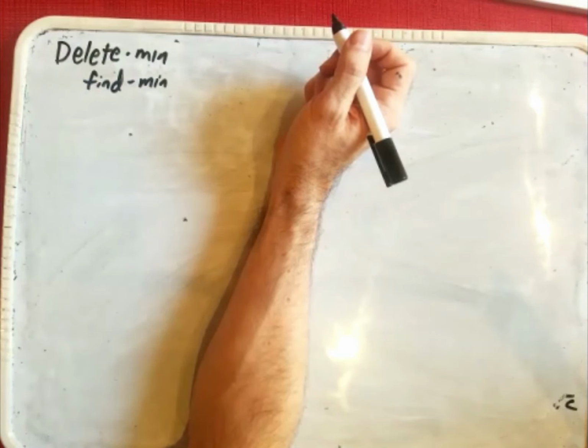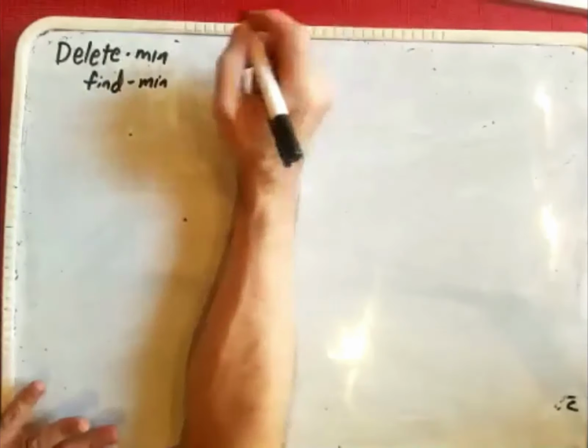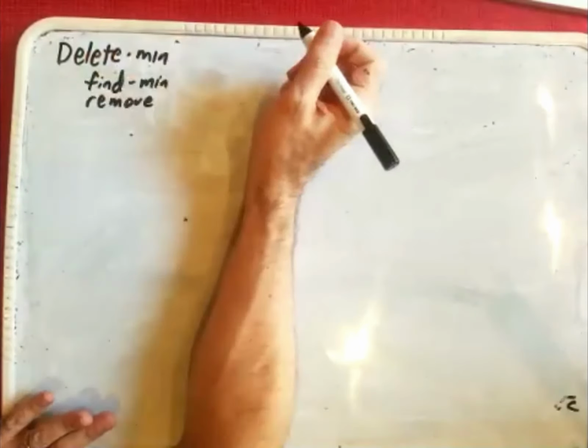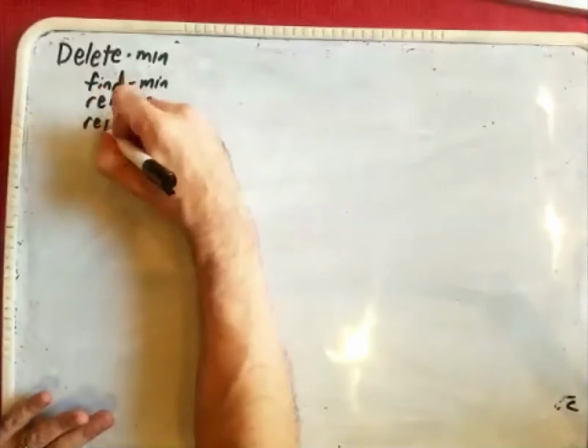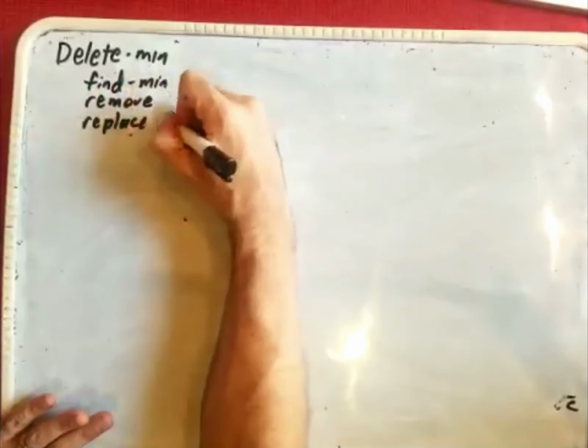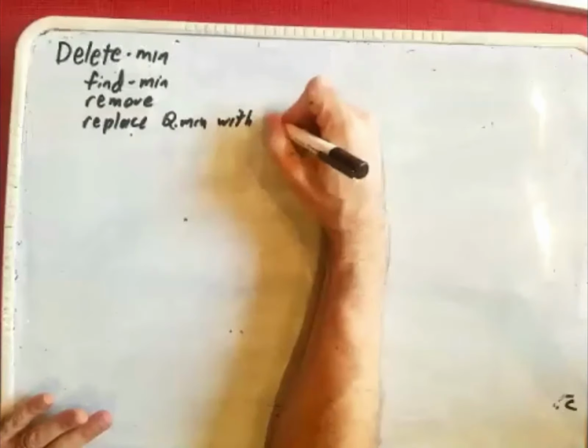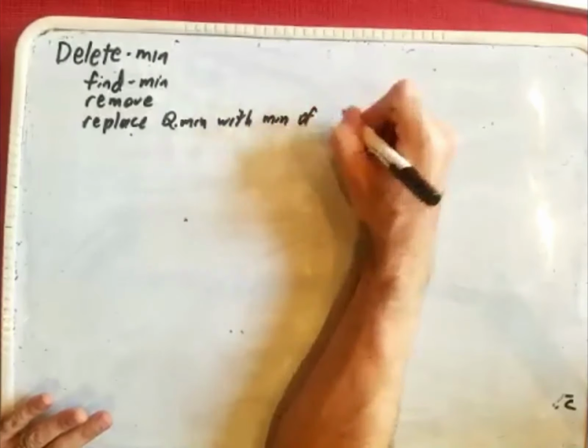Where is it? It's in the q.min field. Not very hard, right? We remove it. But now we have to replace q.min with the min of the recursive structure.